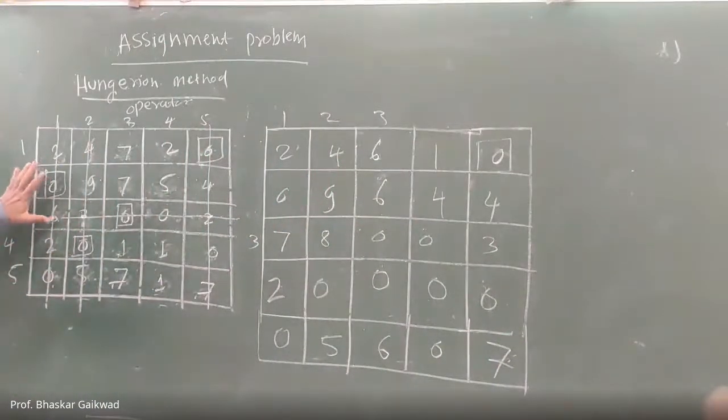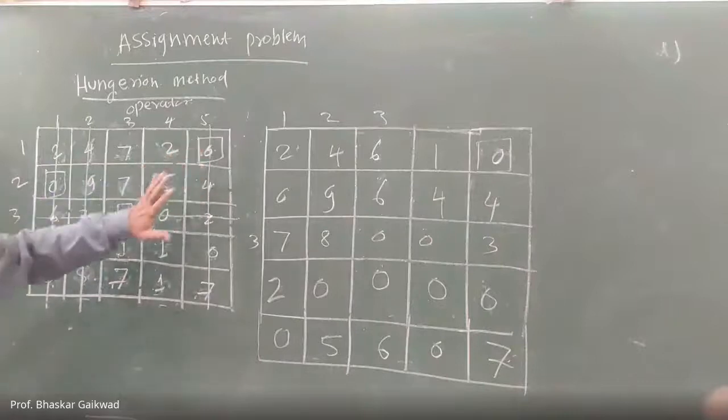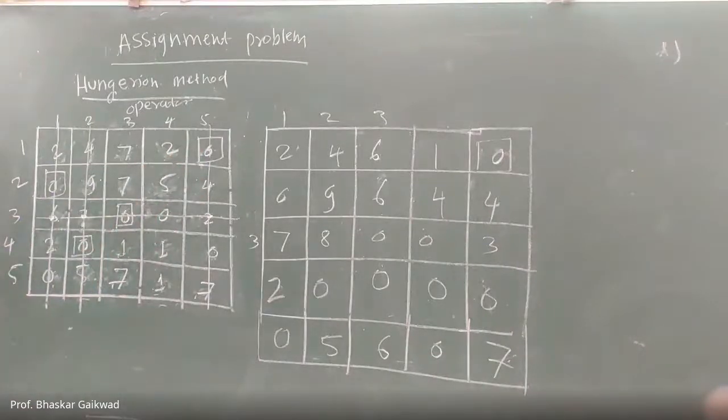The number of squares should be 5. Squares should be 1, 2, 3, 4, 5. So if the number of squares is equal to the number of columns or number of rows, then it is called the optimum solution. If it is not, you can proceed to the next table.